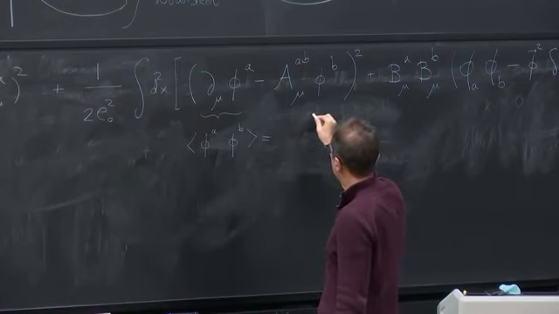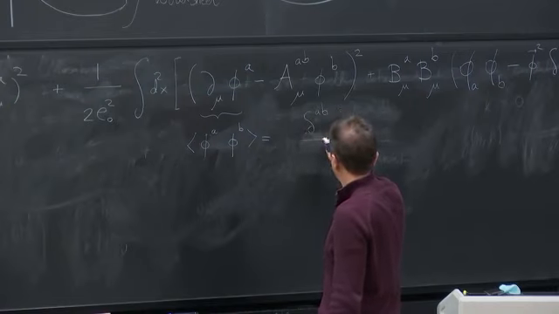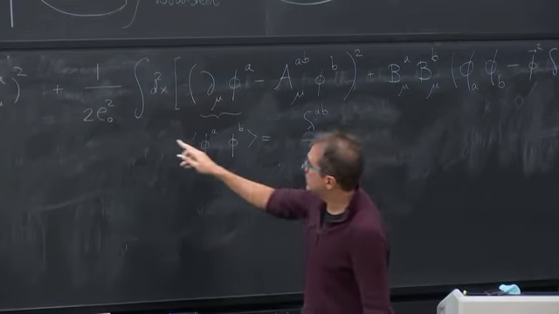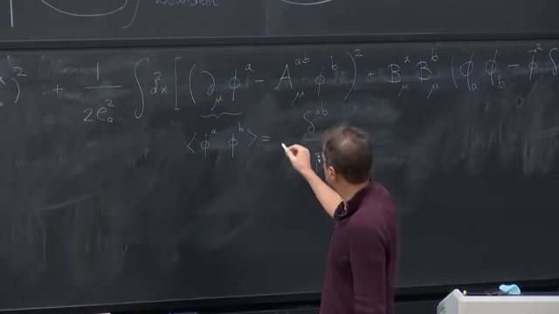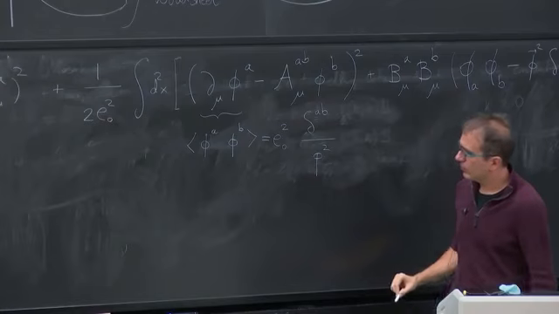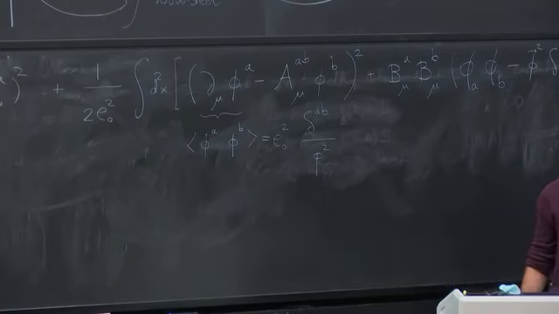It is just delta AB over p square. I'm doing now momentum space. And because it comes multiplied by this 2 is 0 square, there is some E0 square here. That's the propagator for this fast mode.